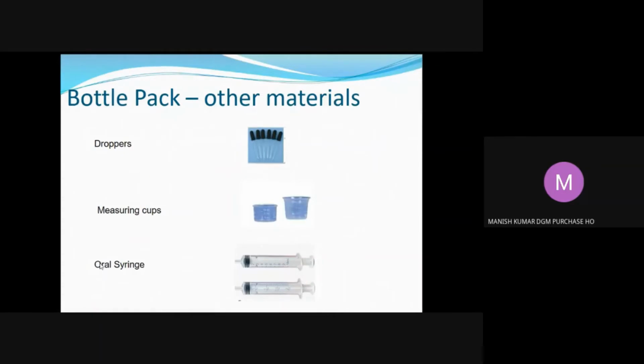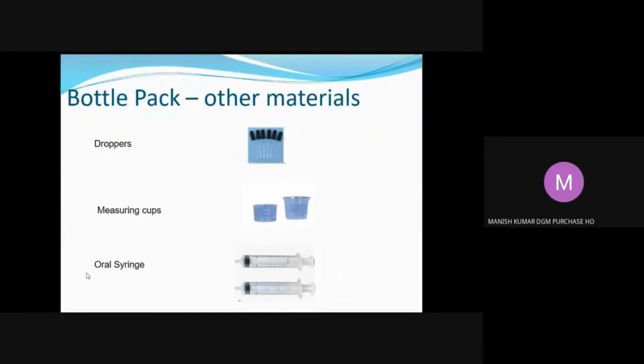There are many other dispensing packaging materials also used, like the dropper. Normally droppers are made from natural rubber or synthetic rubber, and come in different shapes and sizes. Measuring cups are also available, and there is a new way of dispensing. Now people are using oral syringes also.